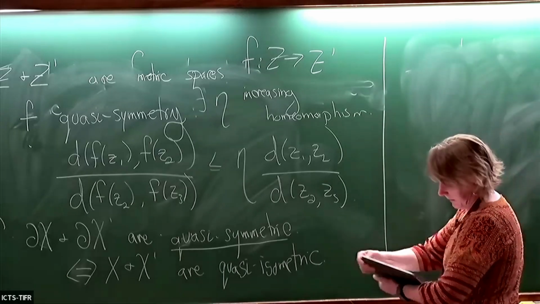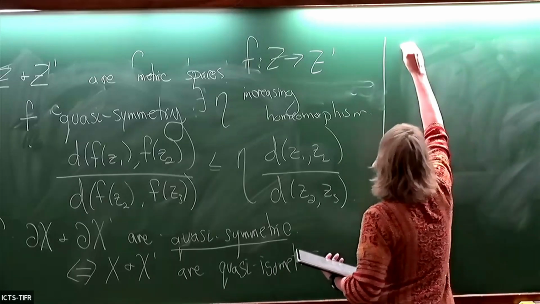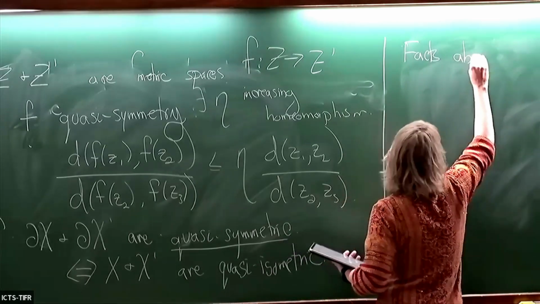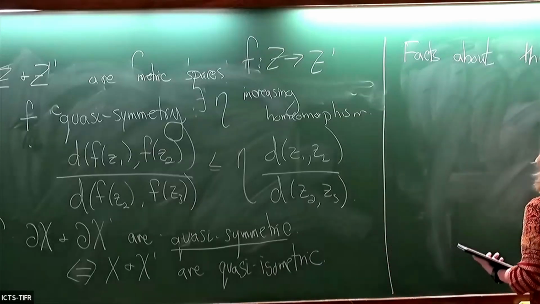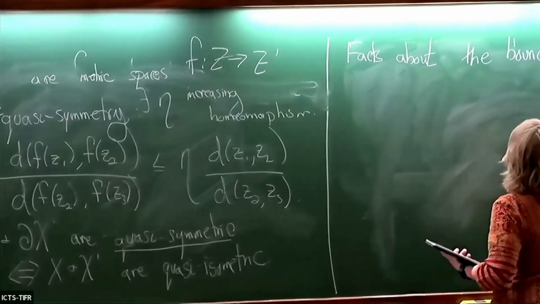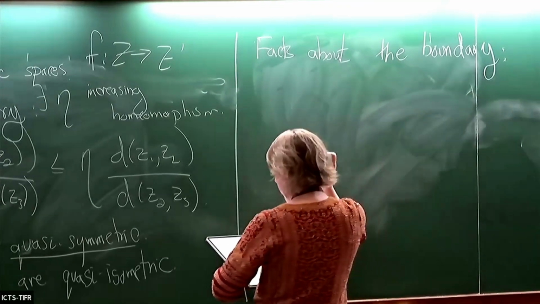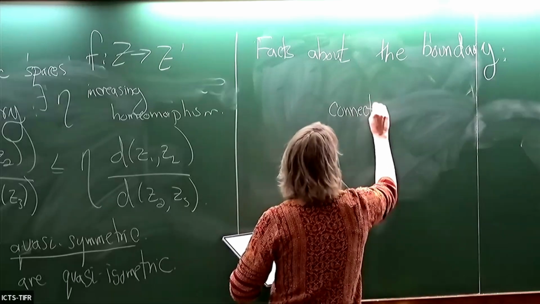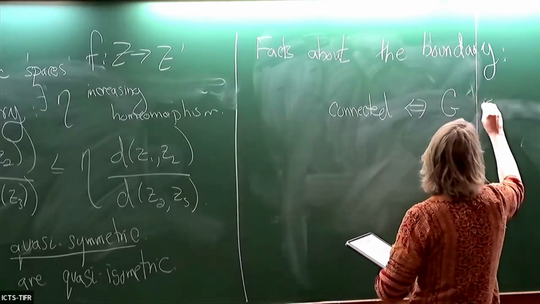All right, now what am I doing? Okay, so just some facts about the boundary. That's why you might find this useful. If the boundary is connected, then G is one-ended.